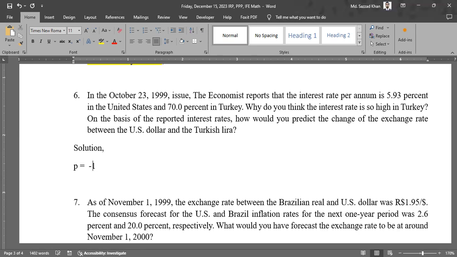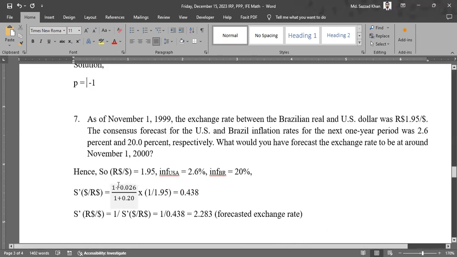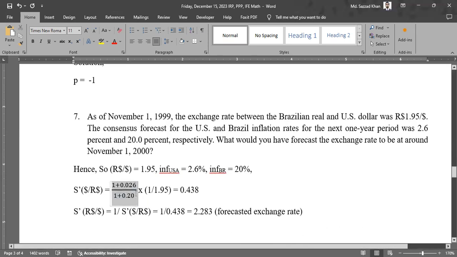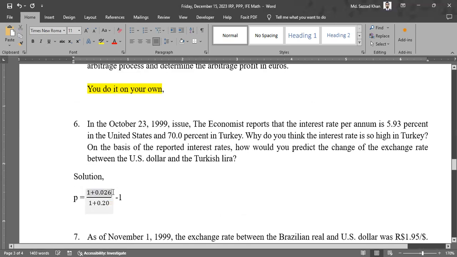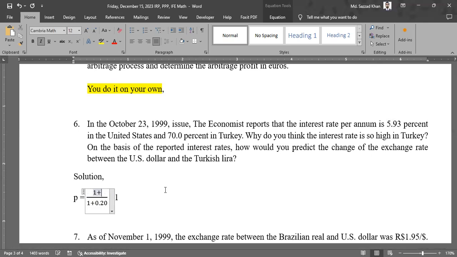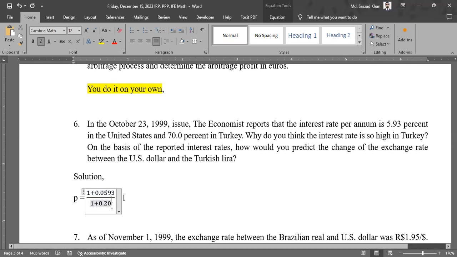Okay. So what is the IH? It is this. So we write 0.0593, 70%.